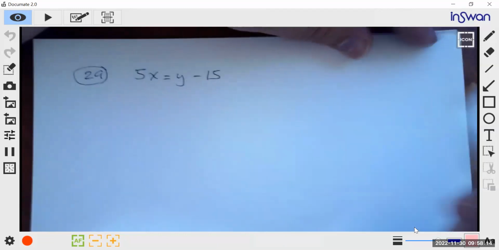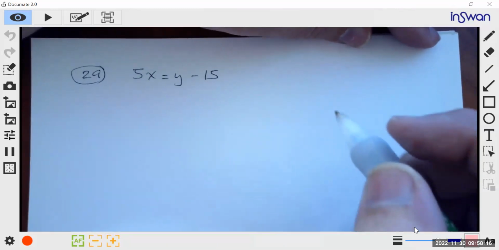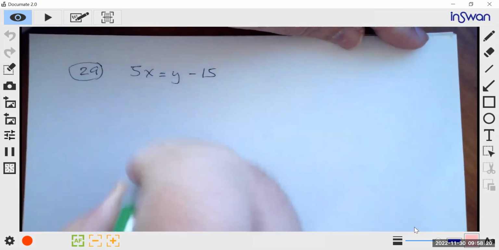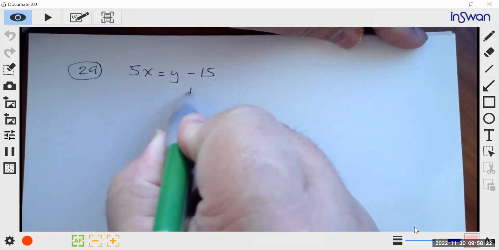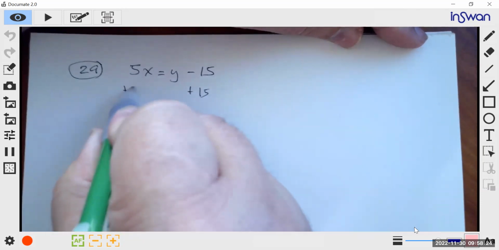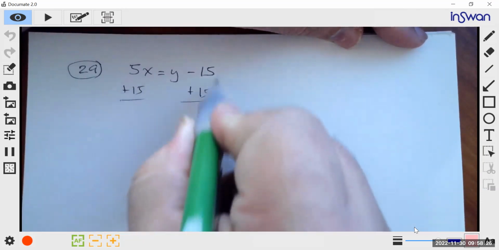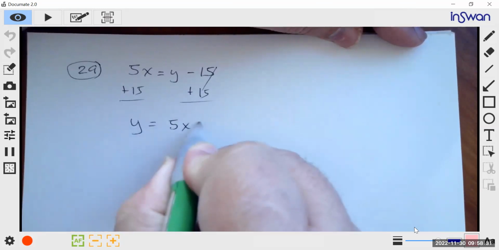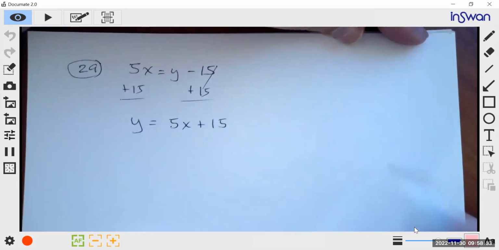So what can we say about this? Well, let's solve for y. Let's put it in our equation of a line first. So we add 15 to both sides. Y equals 5x plus 15.